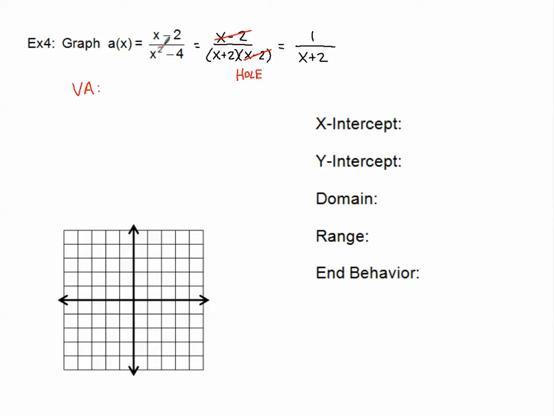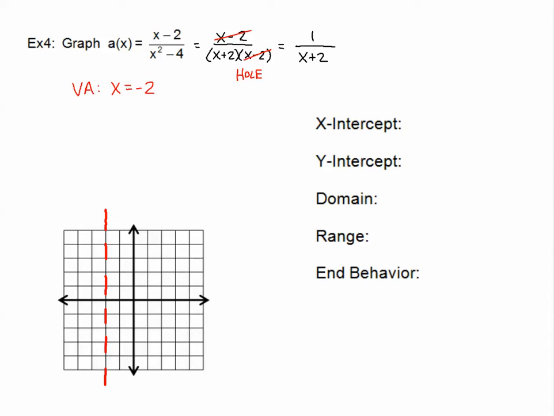We thought there might have been two because the degree is 2, and that gave us two factors. But because only one factor remained once I've canceled the other one out, there actually is only one vertical asymptote, and it happens at x equals negative 2, because negative 2 plus 2 would make that denominator 0. So one vertical asymptote here at x equals negative 2.